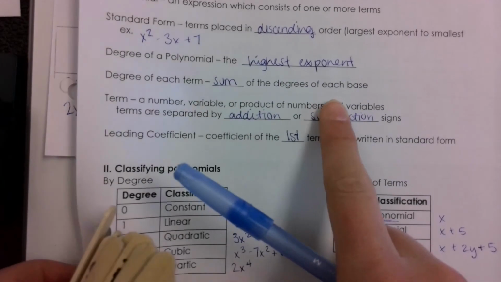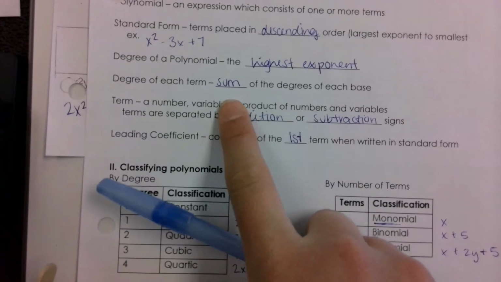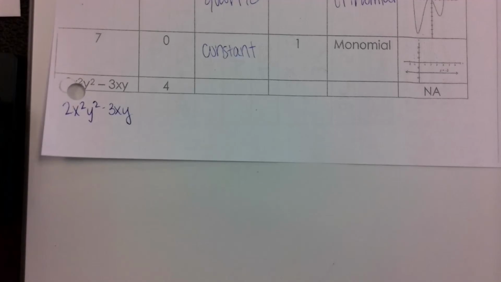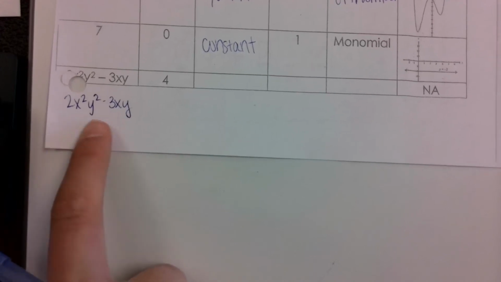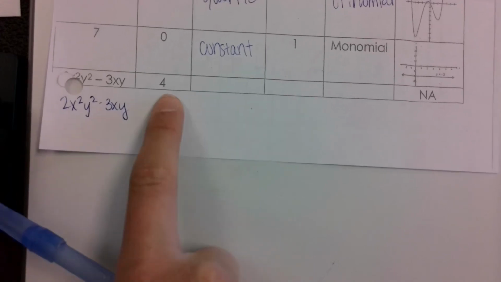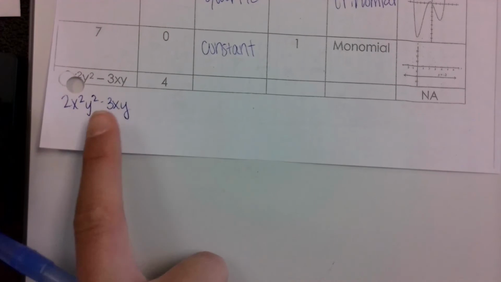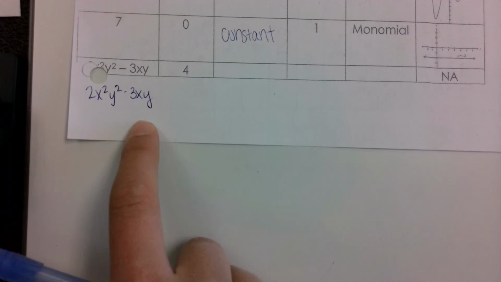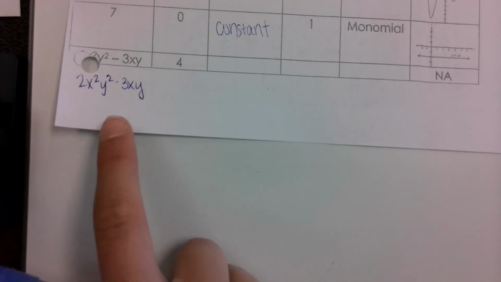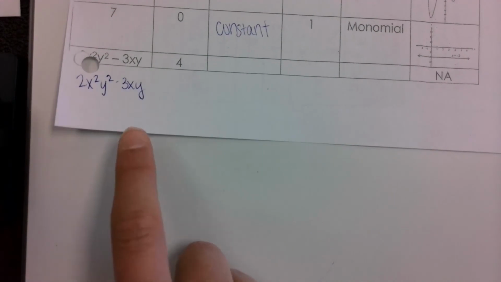So for each term, it's the sum of the degrees of each base. So you added those 2's together from the x and y, and that gave us 4. Is that okay? And that's bigger than if we added like 1 plus 1. So that's why they went with the 4 instead of the 2. Does that make any sense? Again, you will not have to do that very often in this class at all. Like, this may be the only time.